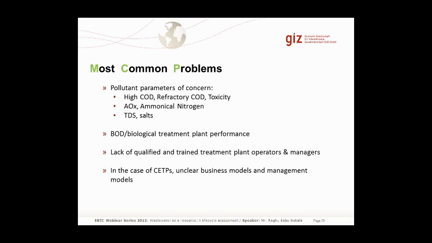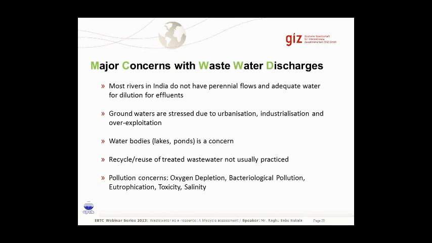And in the case of common treatment plants, as I mentioned, there is also a lack of clarity on business models and management models. And coming to the wastewater discharges is also another issue, because we are talking about recycle and reuse. Wastewater is still not seen as a resource. Most of the rivers in India do not have perennial flows, which means there is no dilution for effluents discharged, which means the impacts would become evident if there is a discharge.